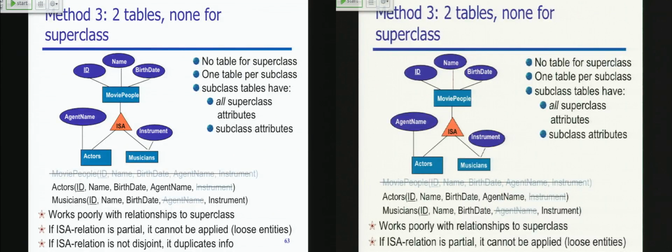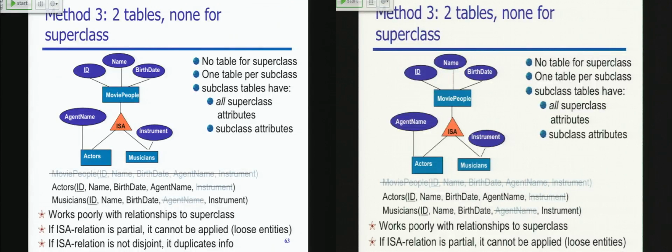What's the other problem with this model? Or what is this good for and what is it bad for? It's good if most of my queries are going to be on my subclasses. If I want to ask queries about my actors, or many questions about my musicians, this is a perfect example.